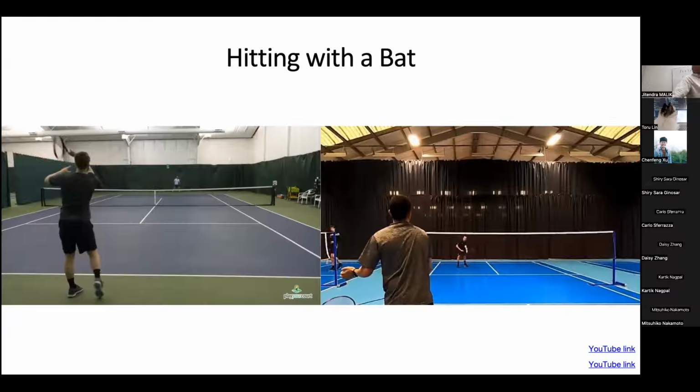Because there's transfer from, I've hit some other objects with some other kinds of bats, and we know something about the physics of balls and so on, and I have a lot of visual observations of watching tennis matches and so on. But to get really good, you have to get good in your own body. I mean, that can take decades, and I will never become a Federer, right?